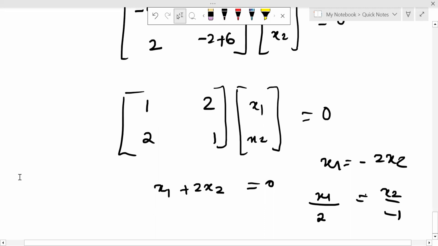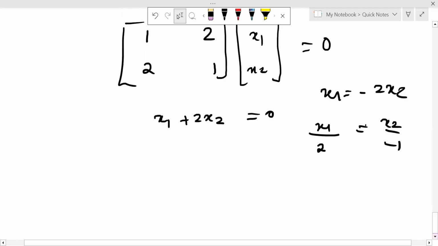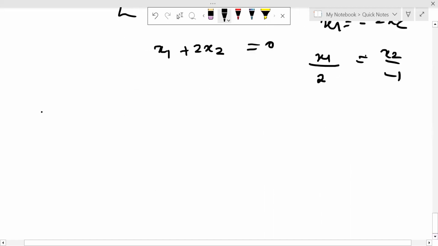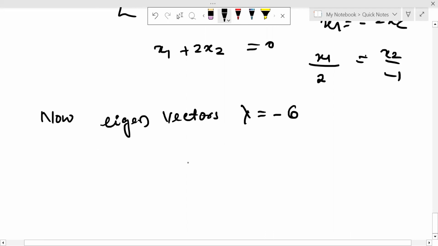So what do the eigenvectors become? For lambda equal to -6, the vector becomes 2, -1.